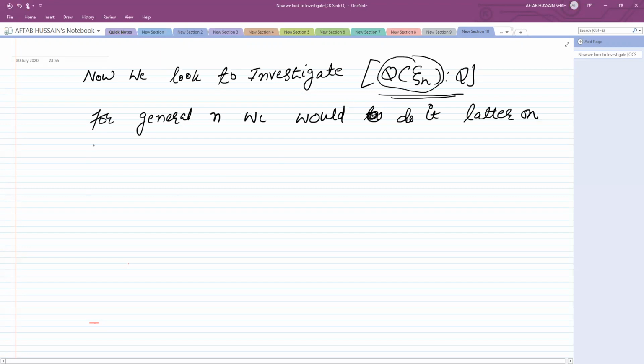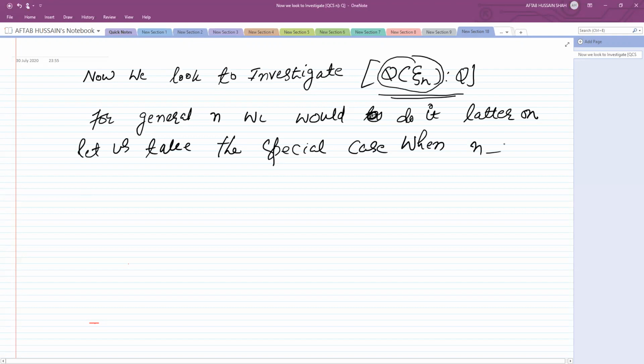Let us take the special case when n is p, where p is a prime number.